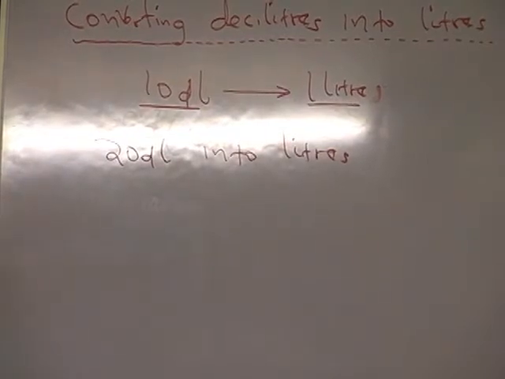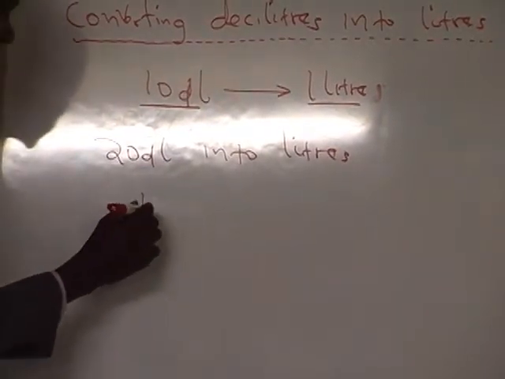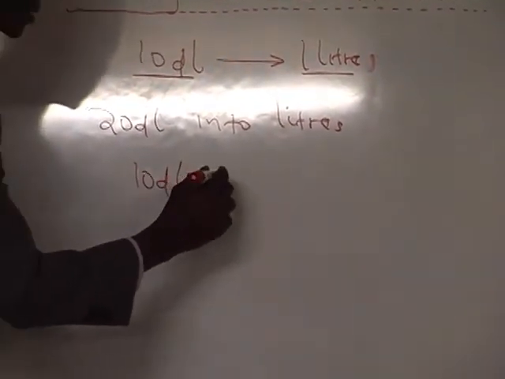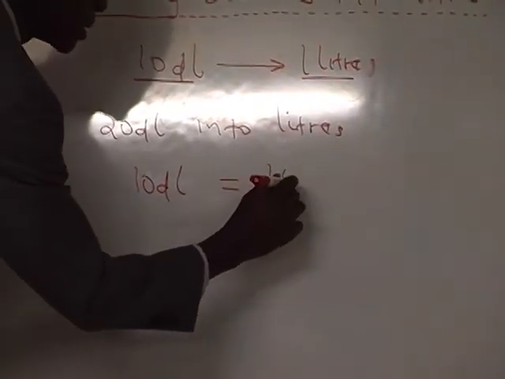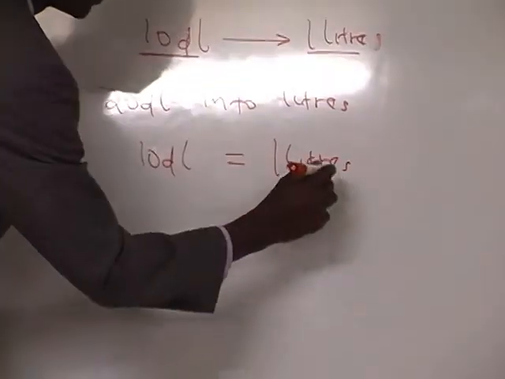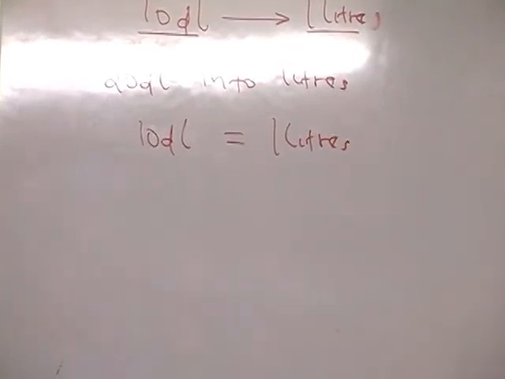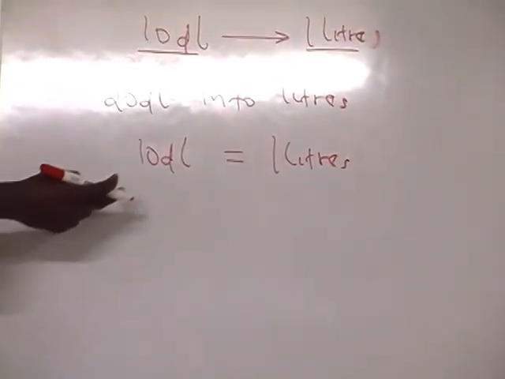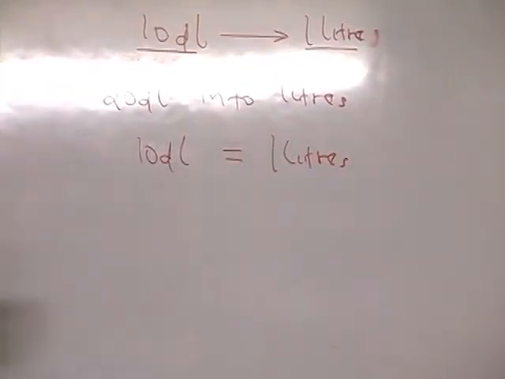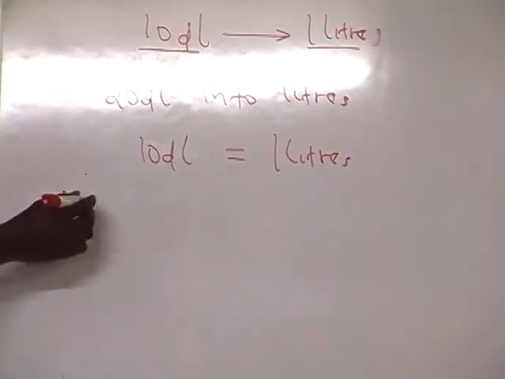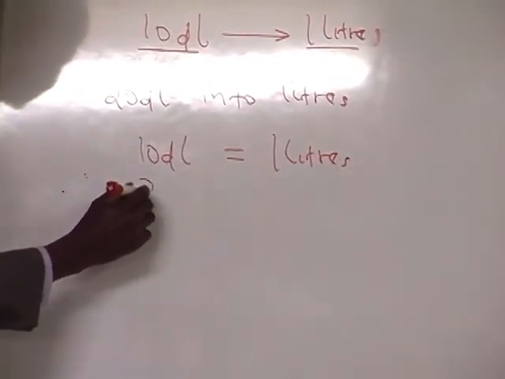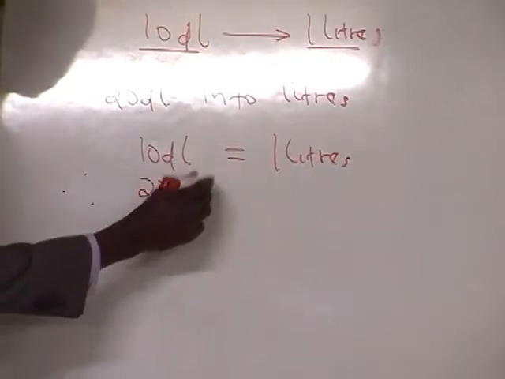So from there, we say that 10 deciliters is equivalent to 1 liter. So if 10 deciliters is equivalent to 1 liter, therefore, how many liters are equivalent to 20 deciliters?